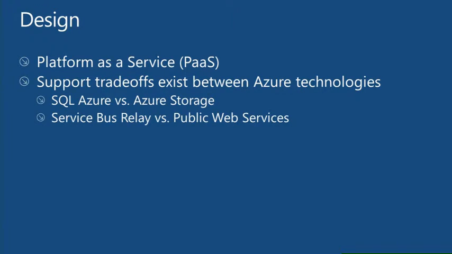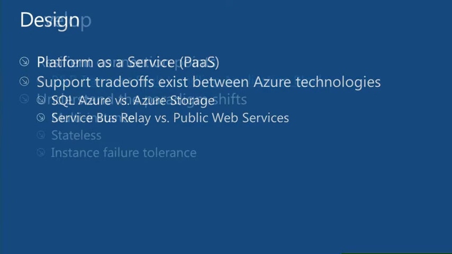Same type of thing. It's understanding the trade-offs between the two from a support perspective. Public web service, obviously it's public. Anybody can hit it. That's potentially an issue. Service bus relay does some interesting things, and we'll actually dig into that a little bit when we go into troubleshooting. So that's looking at the design perspective from a support.